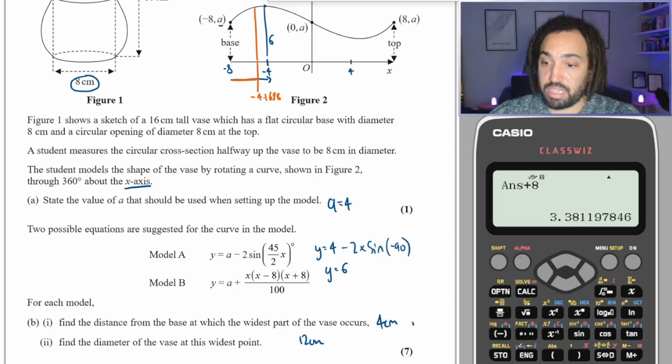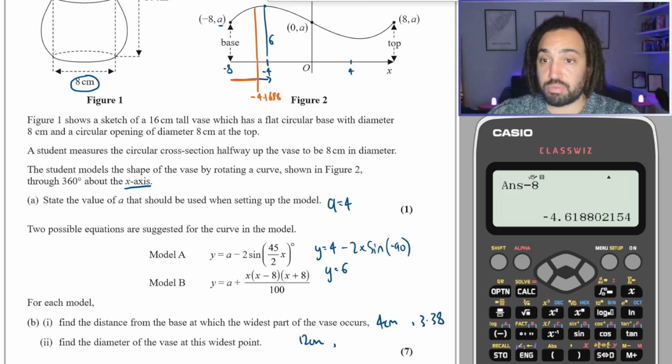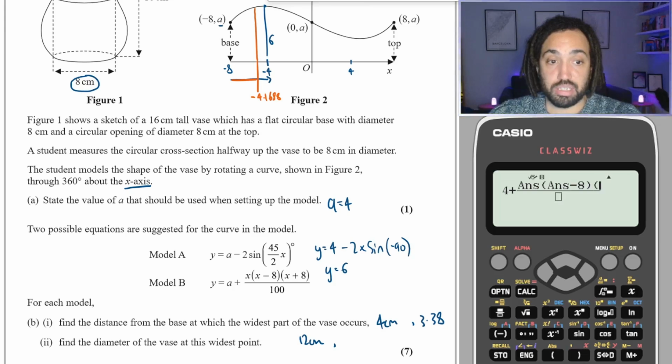So the answer here for model B is 3.38. And how wide it will be, well, I need to sub my value that we just had into the original equation to work out how high up that maximum point is, and thus the value of it. So I'm going to do 4 plus answer minus 8, close brackets, answer plus 8, close brackets, all over 100.